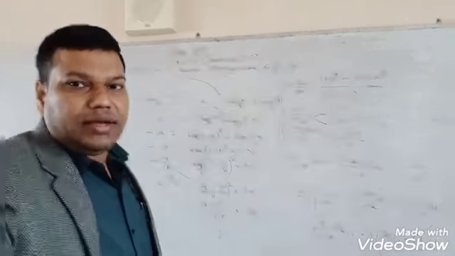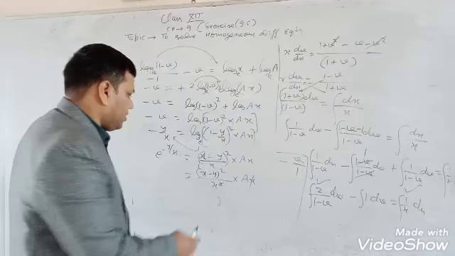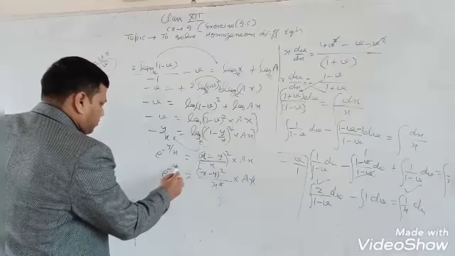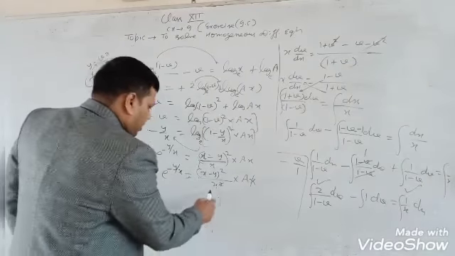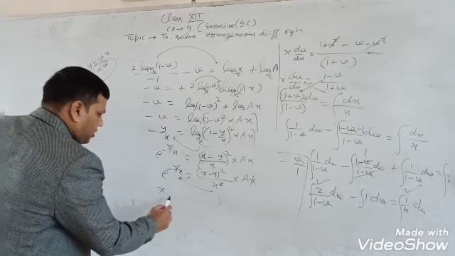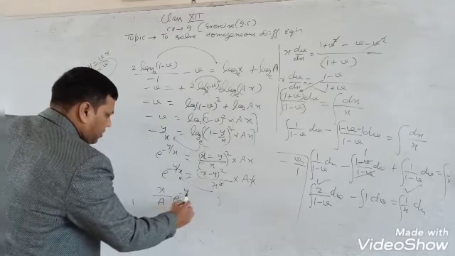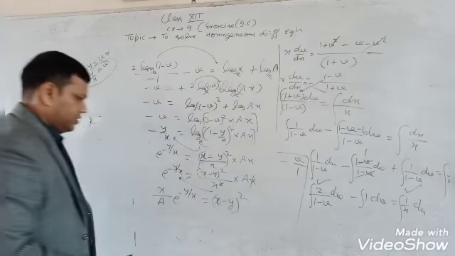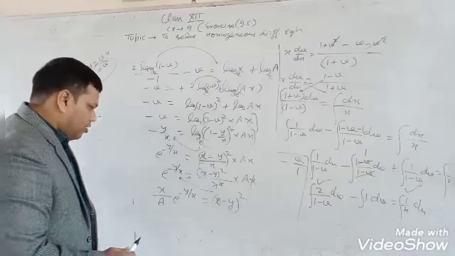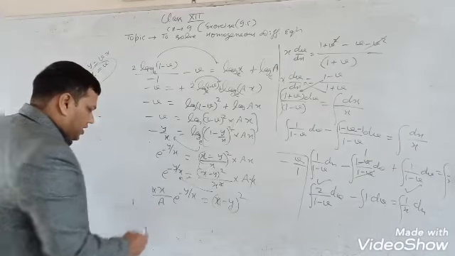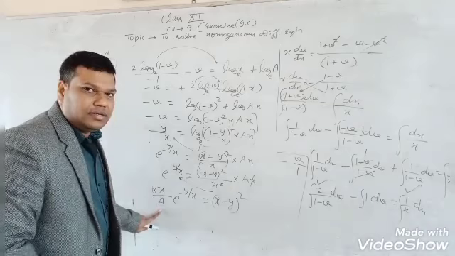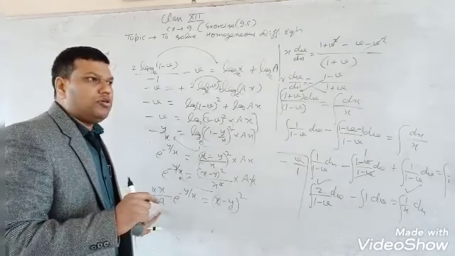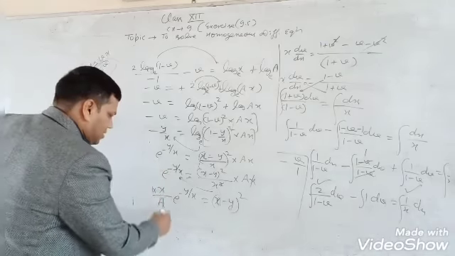If you can see that here we got this one. Again, x will go there and upon a will be there, (x minus y) whole square, right? And now 1 upon a can be taken as c only to match the answer, that is cx.